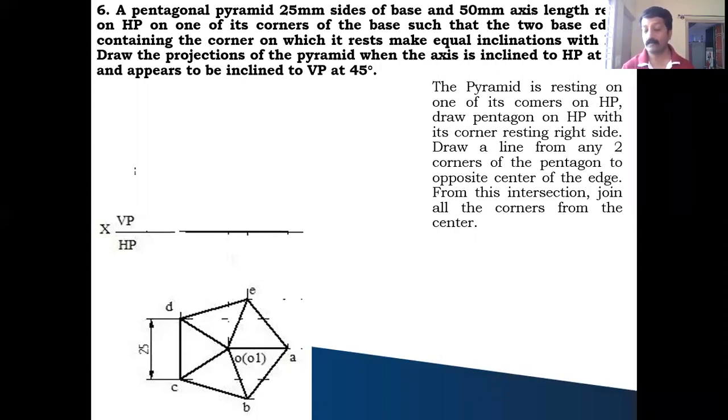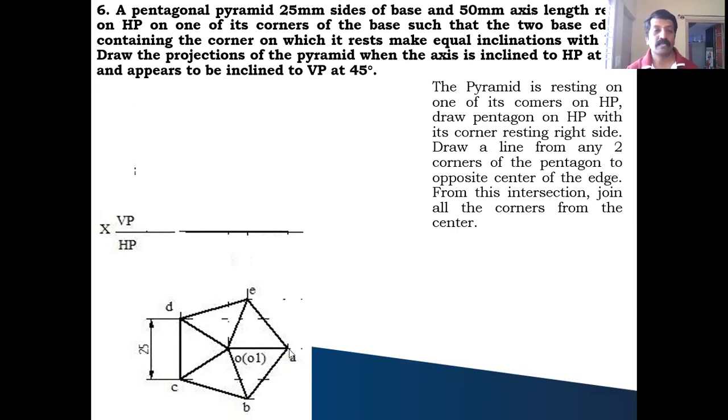In the top view, you take the corner on your right side and draw a regular pentagon such that the corner comes on the right side of you, like that. I have drawn the regular pentagon, A, B, C, D, E, and then you bisect any two sides to get the center of the pentagon. In many cases we have discussed how to bisect.